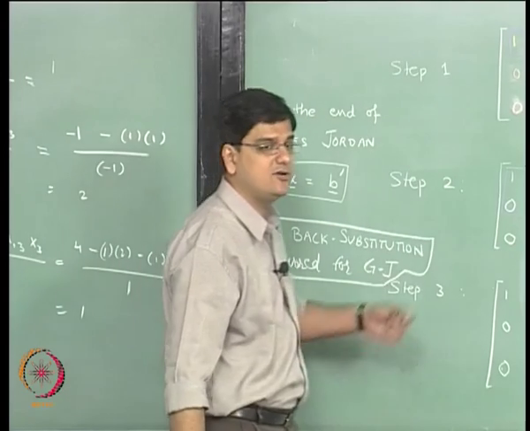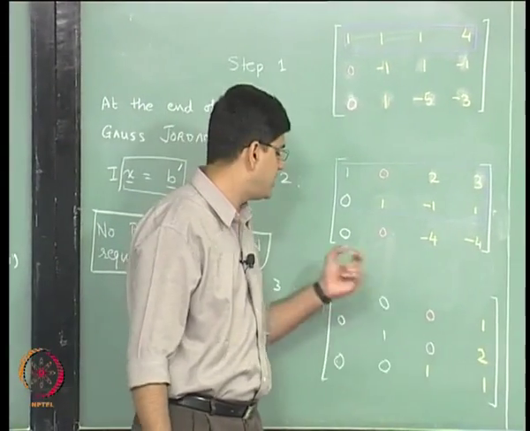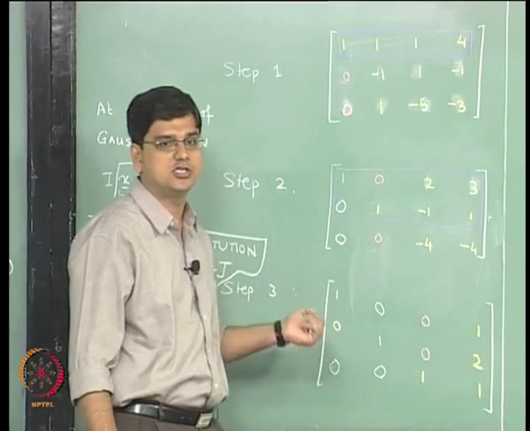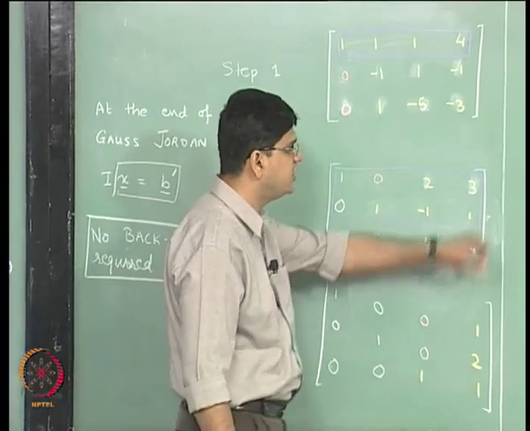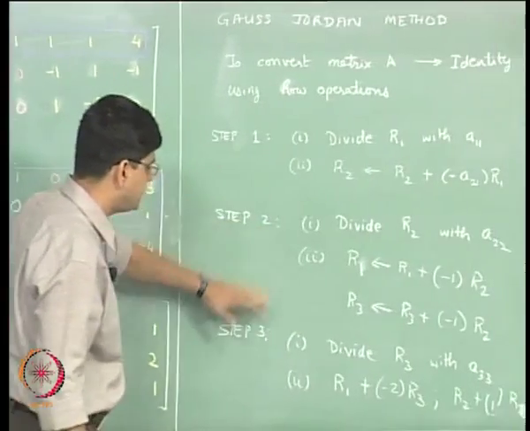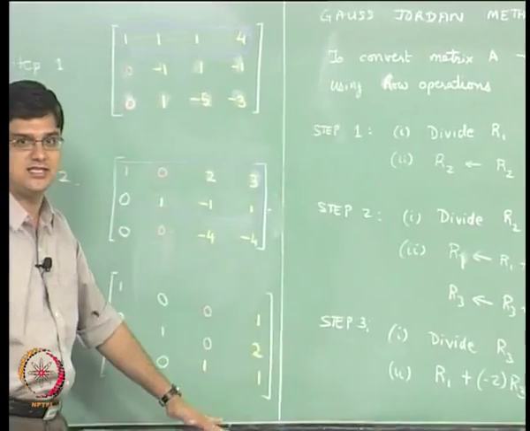Okay. So, unlike the Gauss elimination step, we do not require any back substitution in the Gauss Jordan step, and the algorithm for Gauss Jordan is that we have step 1, step 2, step 3. So, that means we have n steps.